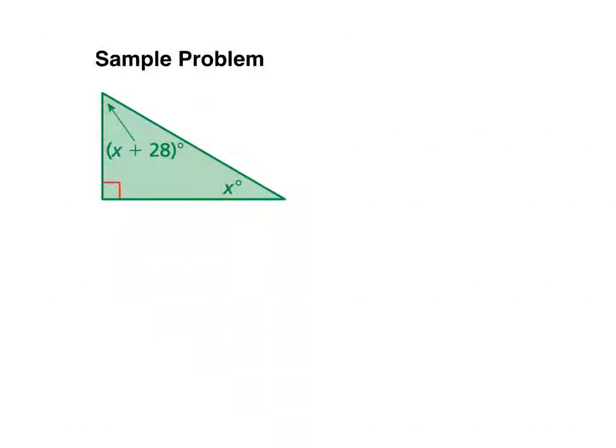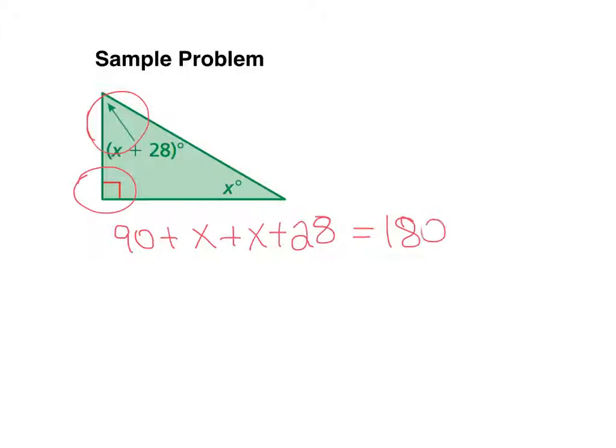I know that this first angle is 90 degrees. So 90 plus my next angle, x, plus my last angle here, x plus 28. I learned in the previous slide that all of these equal 180.